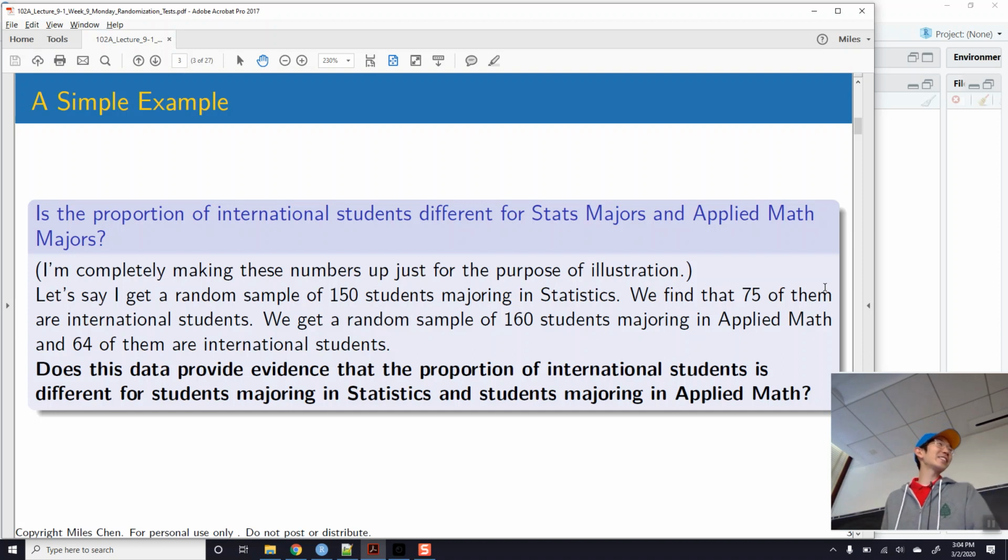A Z-test. Okay, great. Or another option would be... not a t-test. Chi-squared test. Okay, great.